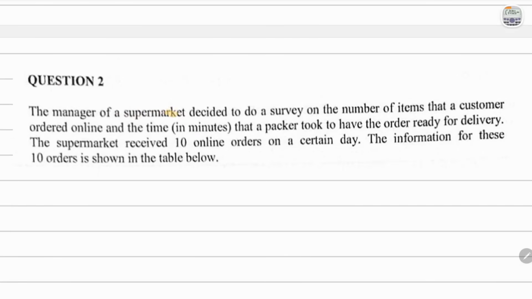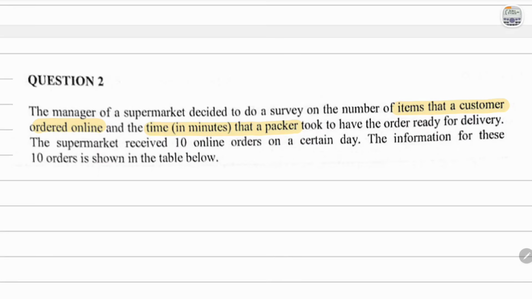So this manager of this supermarket is doing a survey on the number of items that a customer ordered online. So you can see this is one of the variables. Items that the customer ordered online and the time in minutes that a packer took to have them ready for delivery. So one is the items, the other is the time. Then, of course, they tell us the supermarket received 10 online orders on a certain day.